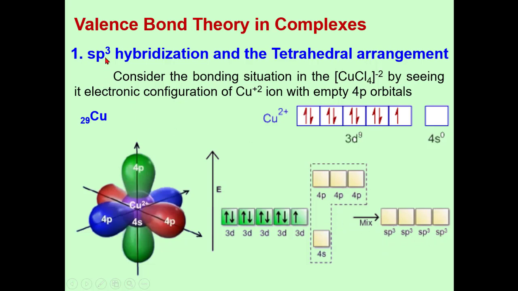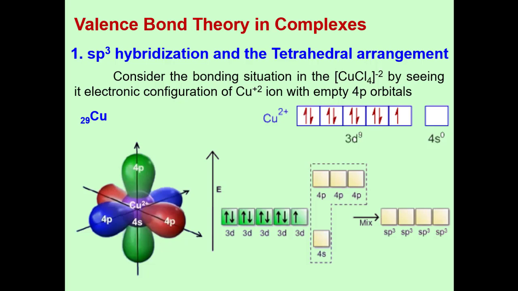Again you may recall the name sp3. sp3 means one s orbital is combined with three p orbitals, and there is no participation of d orbital. The s orbital is added with three p orbitals, and we get sp3 hybrid orbitals.